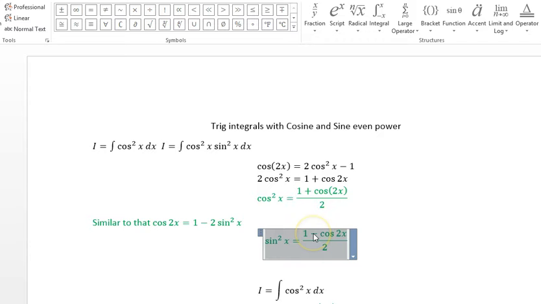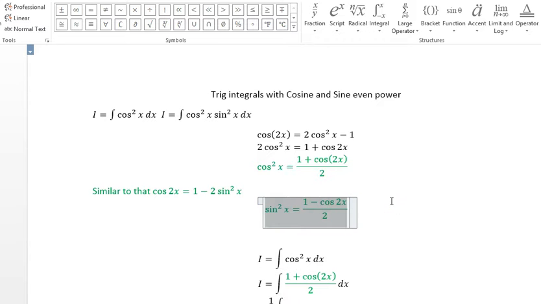And why are we doing this? We need to integrate cosine squared x, correct? If cosine squared x is equal to this, then all you need to do is integrate this. The 2 is a constant, so it really boils down to integrating 1 plus cosine 2x. The integral of 1 we know is x, no problem there.